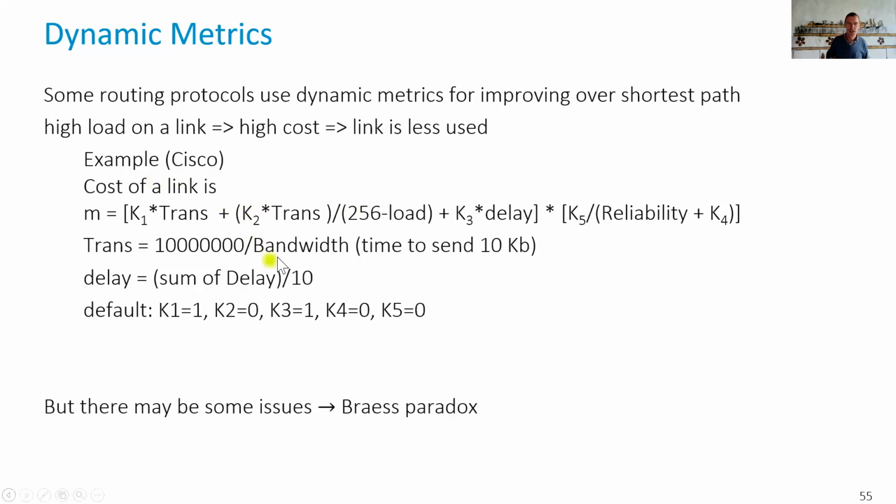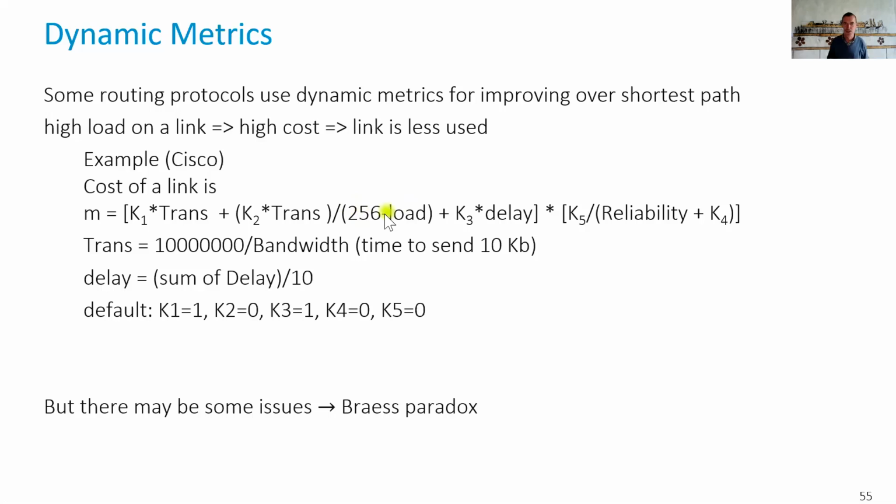In practice, this is done, for example, with formulas like this, where we can measure the delay on the link. But the delay is not always a good idea, because if we have ECN, then it's the load that matters more. So we could have a formula of this kind here, that is a simulation of the queuing formula that says that the delay becomes infinite when the load goes to the max value.